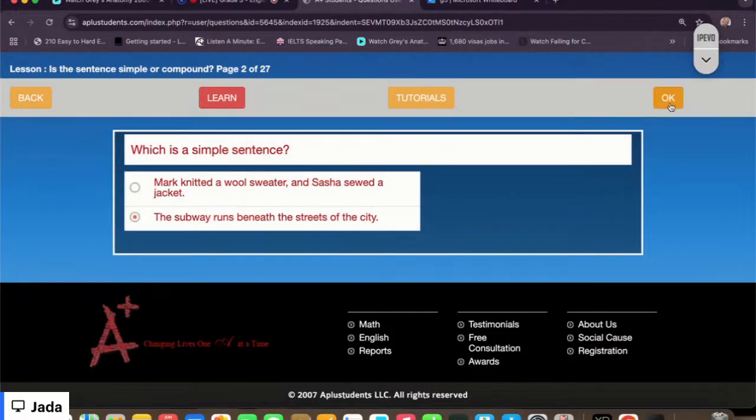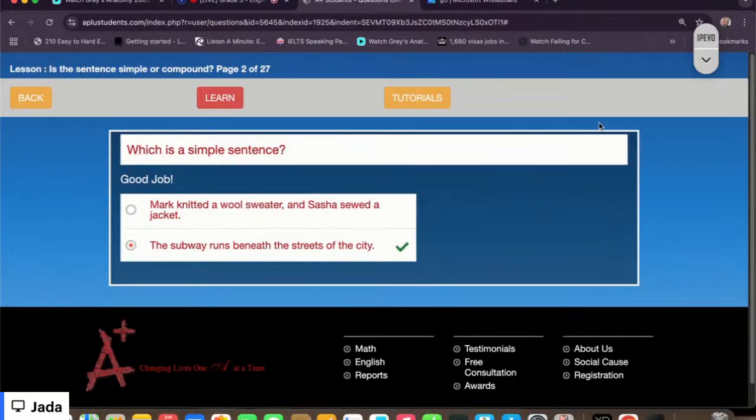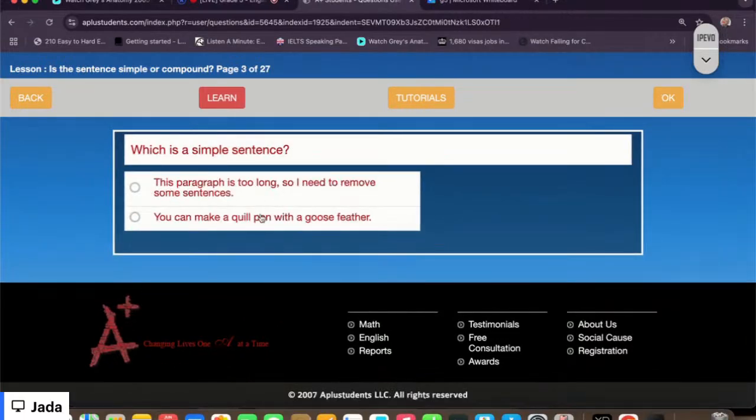Okay, so we have: the subway runs beneath the streets of the city. That's a simple sentence.